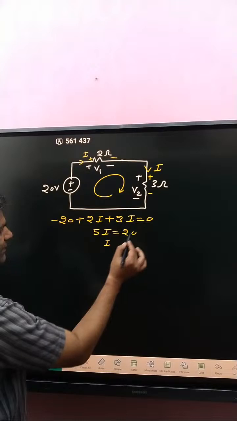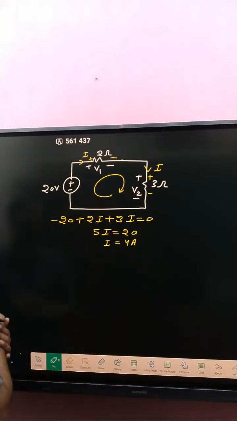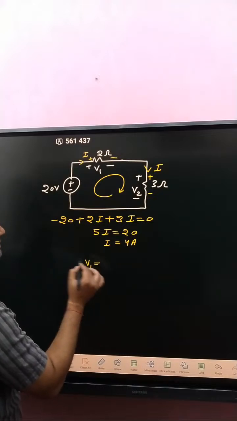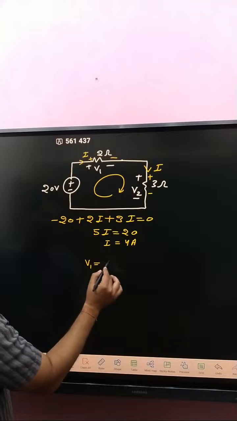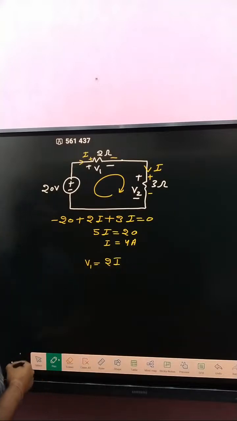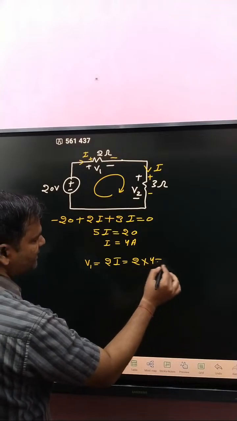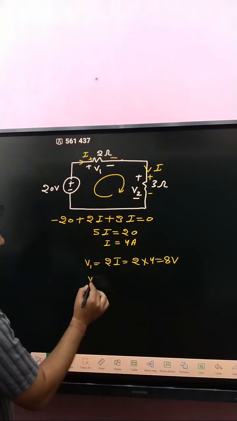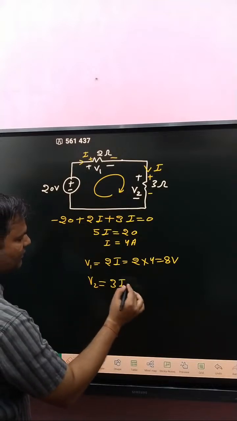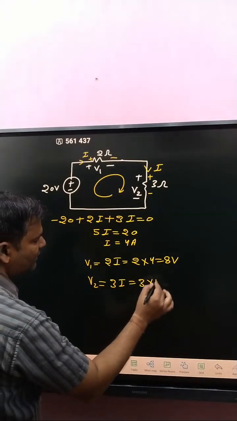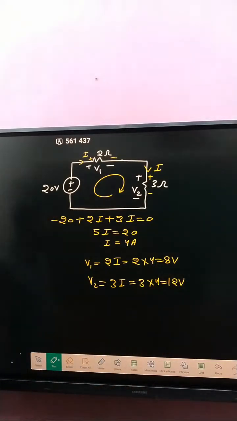So I is 4 ampere. Clear? So what about V1? The current is I and the resistance is 2, so V1 is 2 into I, that is 2 into 4, which is 8 volt. And V2 is 3 into I, so 3 into 4, that is 12 volt. Clear?